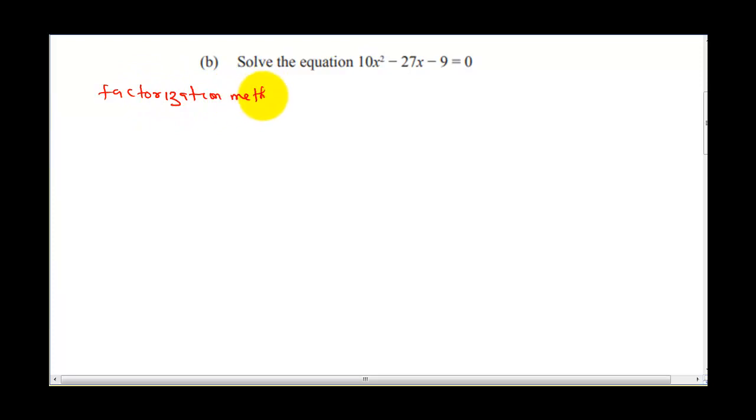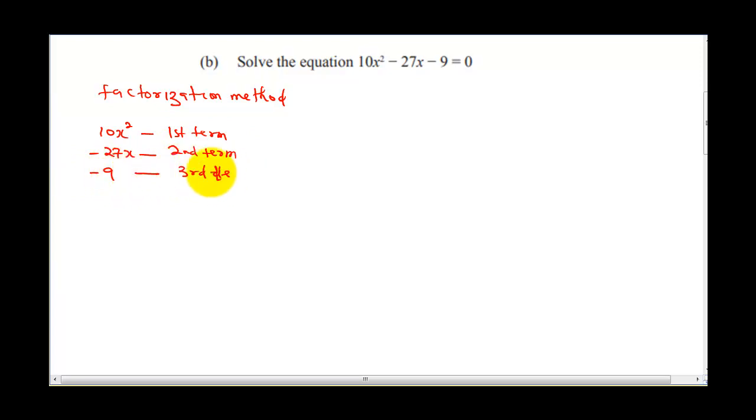In order to get the factors, the first thing you need to do is call 10x squared the first term, minus 27x the second term, and minus 9 the third term.